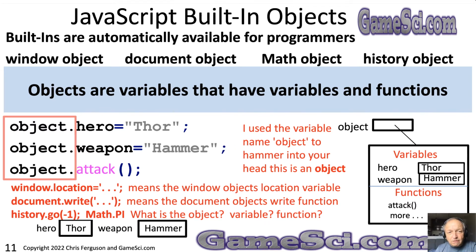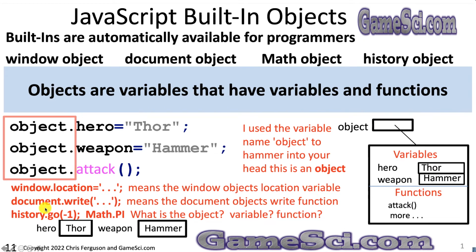They won't always be called object. We have the window object, we have the document object. In that case it's window dot something, document dot something. But I use the name object to be very, very literal that we are accessing an object which has a hero variable and a weapon variable and an attack. When you see something like window.location equals, this means that window is an object and location is a variable inside of it.